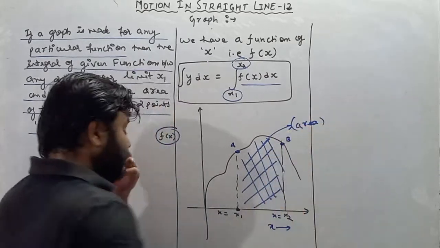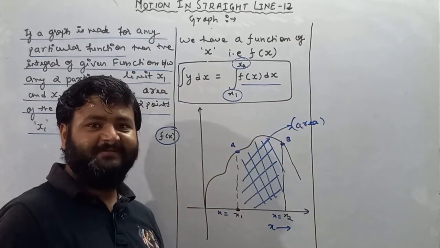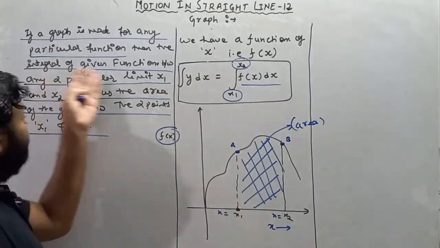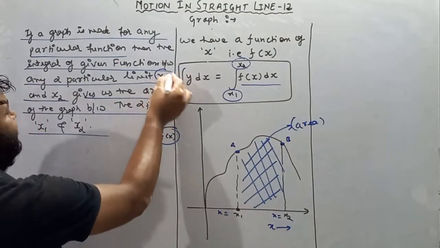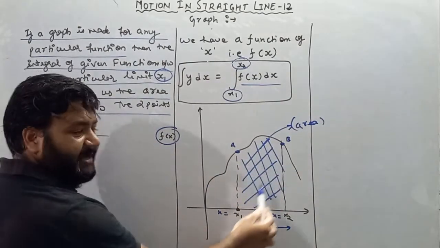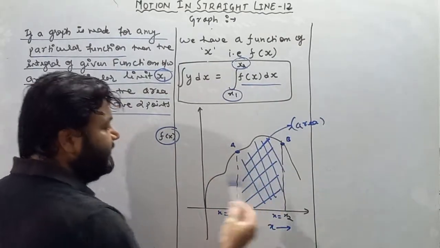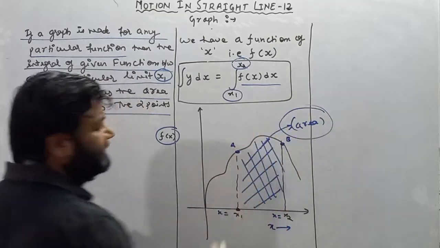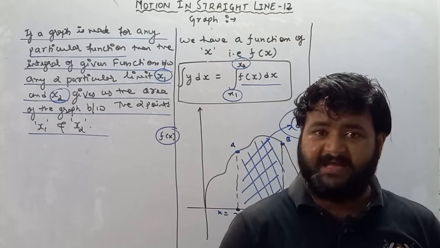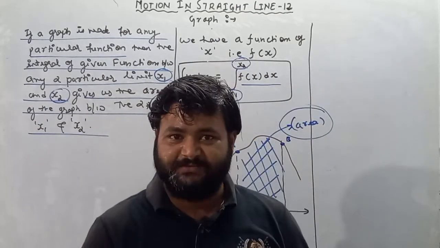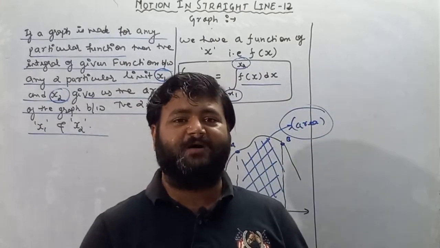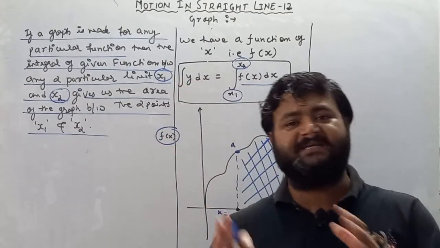Remember, my dear student, area under the graph gives you the value of the function after integrating with limits x1 to x2. This area represents nothing but the integral of the function with respect to x with limits x1 to x2. Area under the curve can give you the value of the integral.